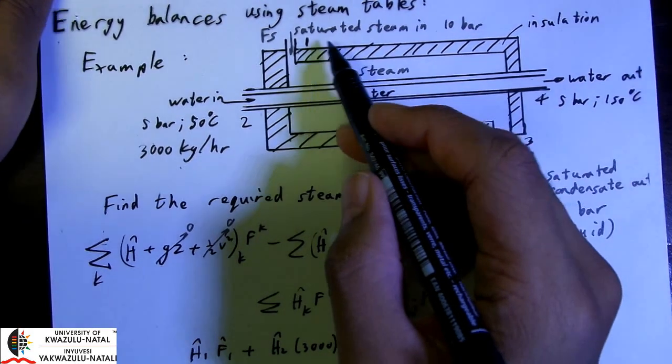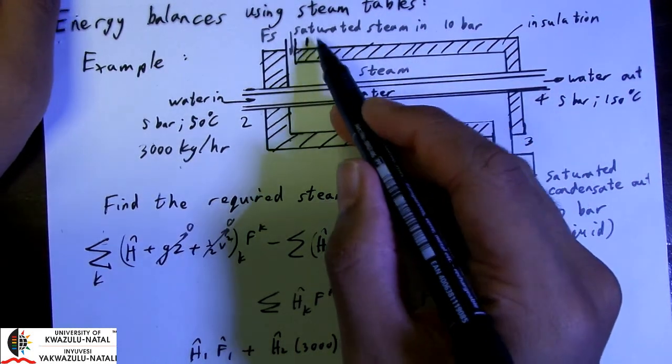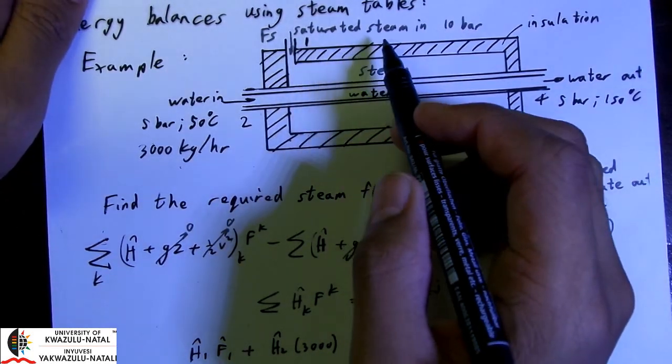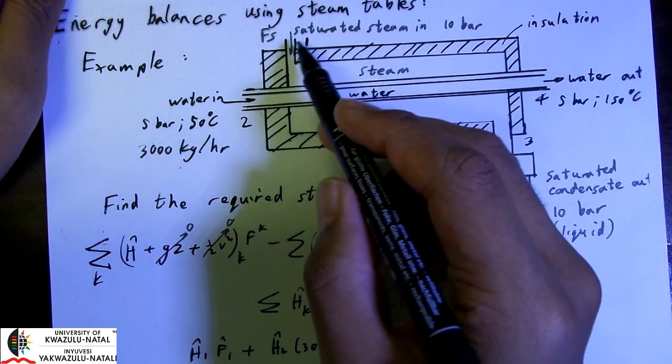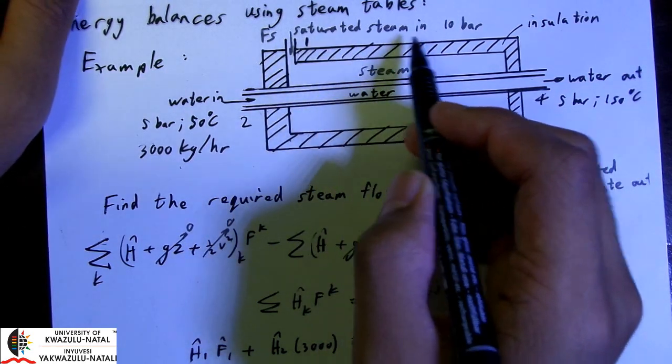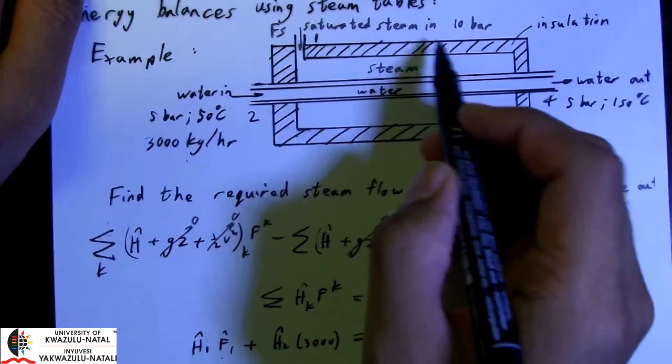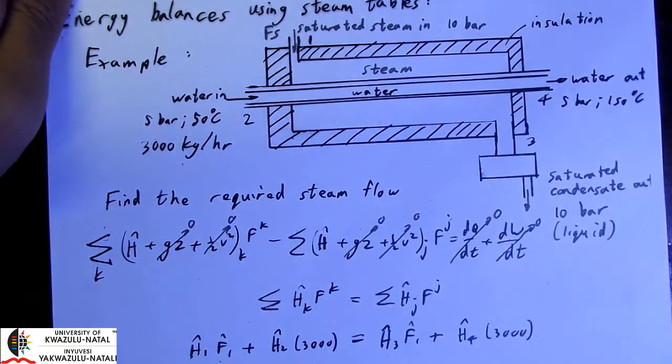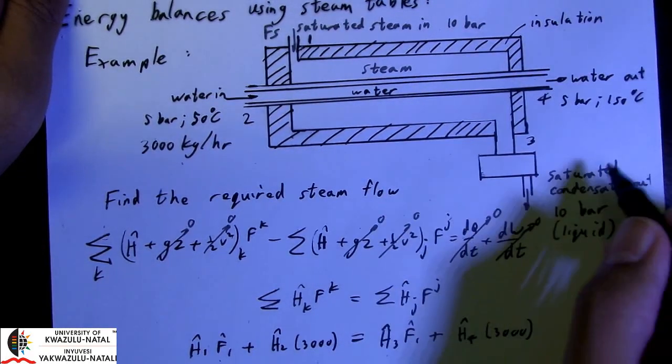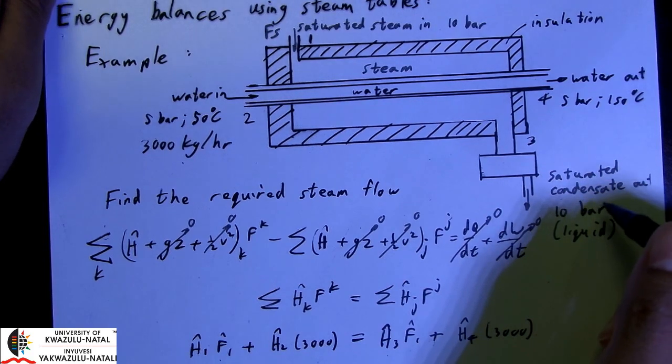There's also no mention as to whether the steam is wet steam. There's no mention of any steam quality, so we can also assume that we have a steam quality of 1, so perfect saturated vapor coming in and perfect saturated condensate going out.